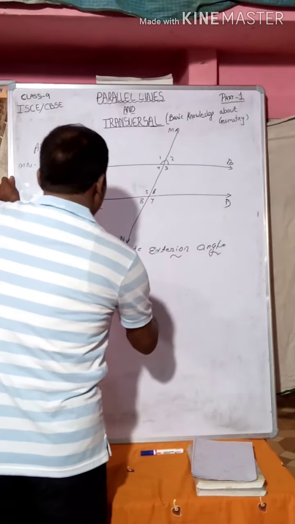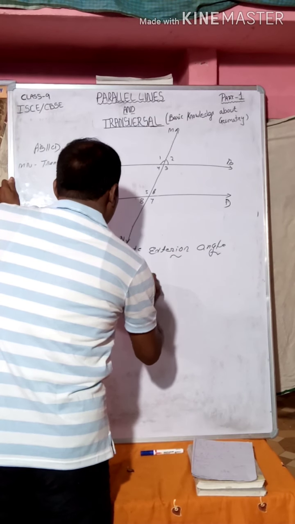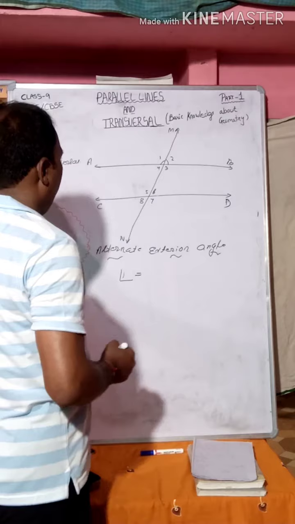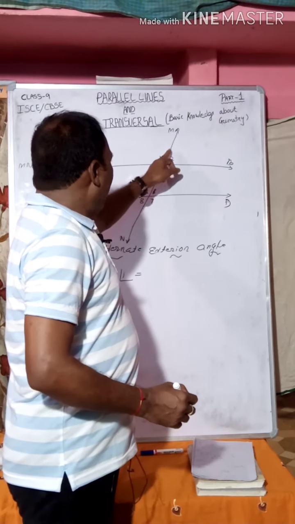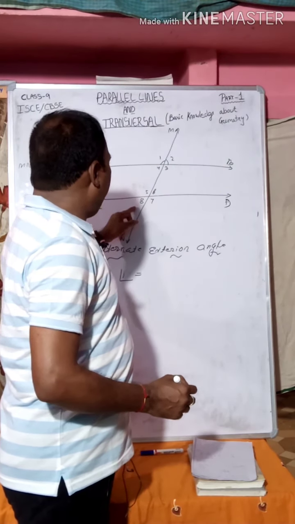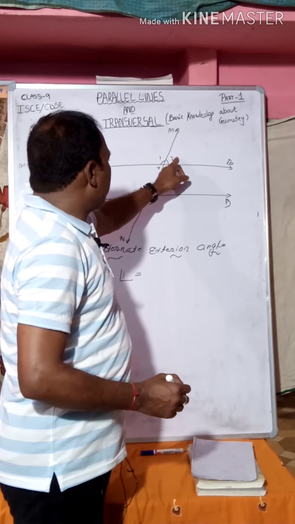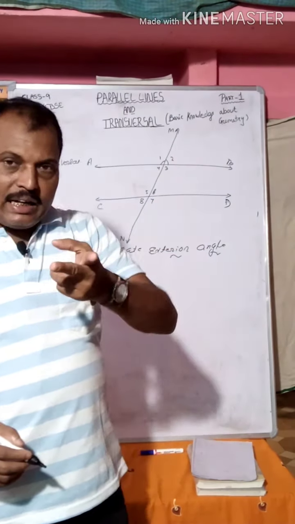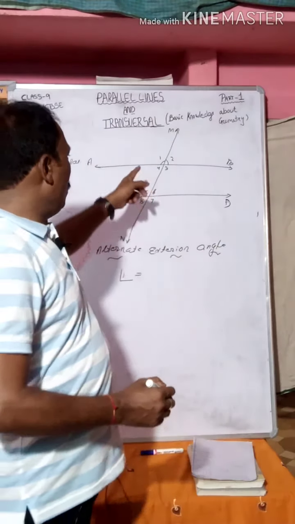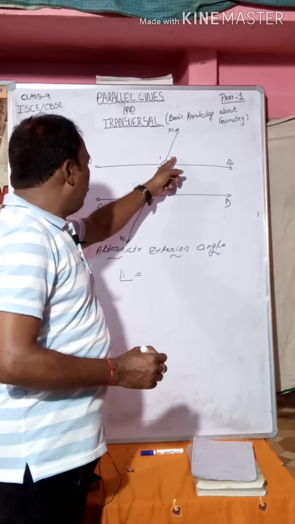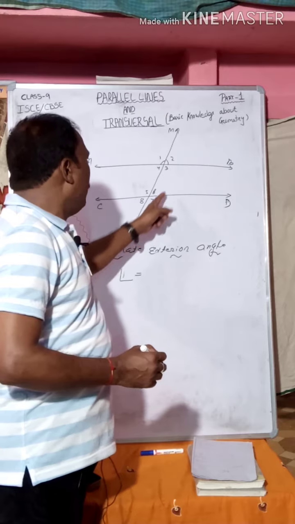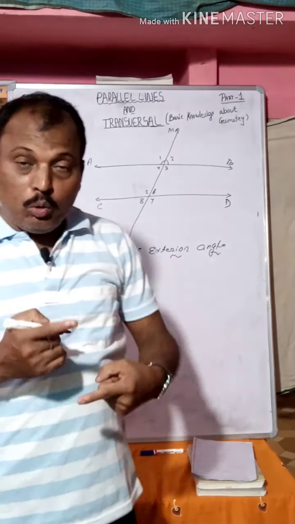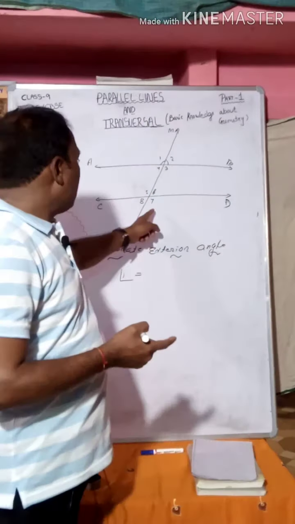Suppose we take angle 1. On one side of the transversal are 1 and 8, on the other side of the transversal are 2 and 7. So two angles are on alternate sides of the transversal. Either we take 1 or 2, or 1 or 7, but 2 is adjacent to 1, so we can take 7.